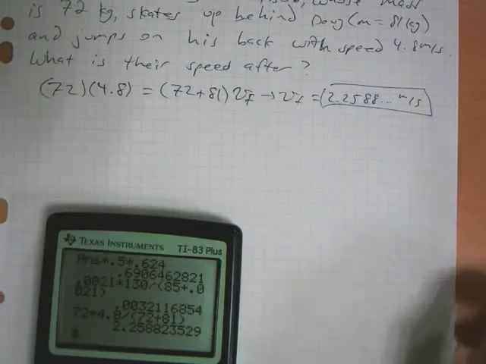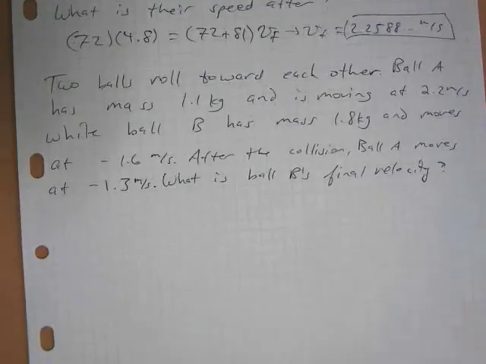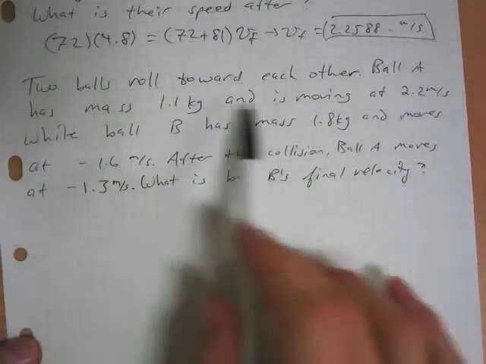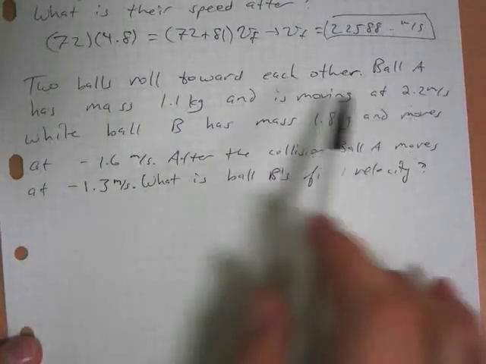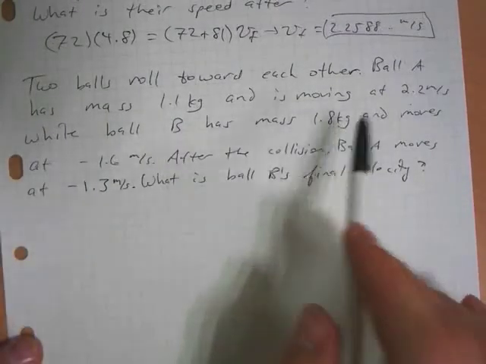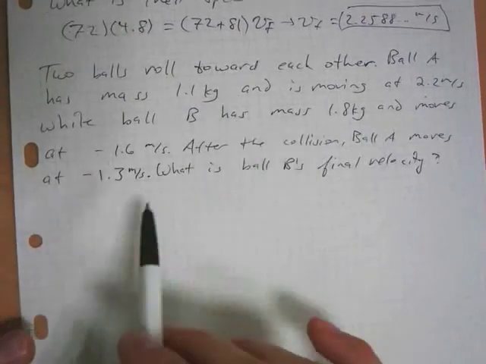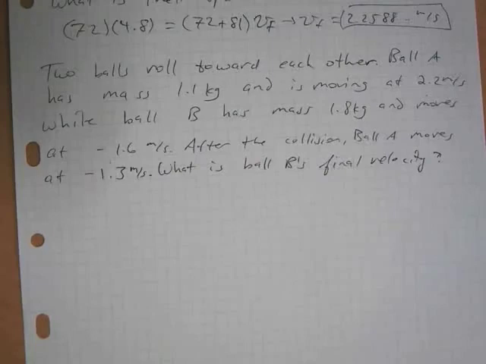I just want to do a more general example here. We've got two balls rolling toward each other. Ball A has mass 1.1 kilograms. It's moving at 2.2 meters per second, while ball B has mass 1.8 kilograms and moves at minus 1.6 meters per second. It's going the opposite direction. After the collision, ball A moves at minus 1.3 meters per second. What is ball B's final velocity?